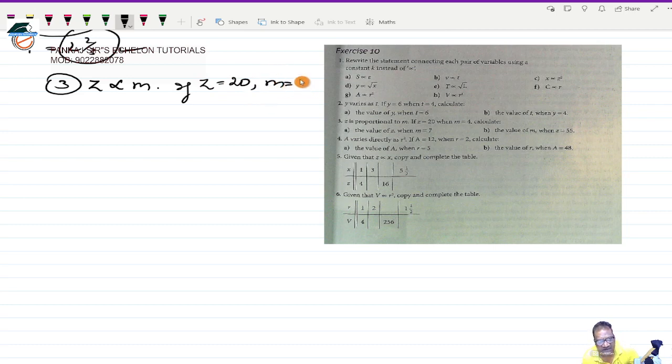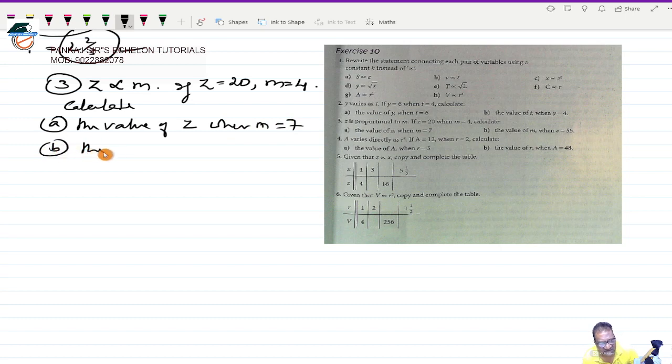Now he's asking you to calculate A, the value of Z when M is 7, and B part of the question is asking you to find out the value of M when Z is equal to 55. So this is a question similar to question number 2.